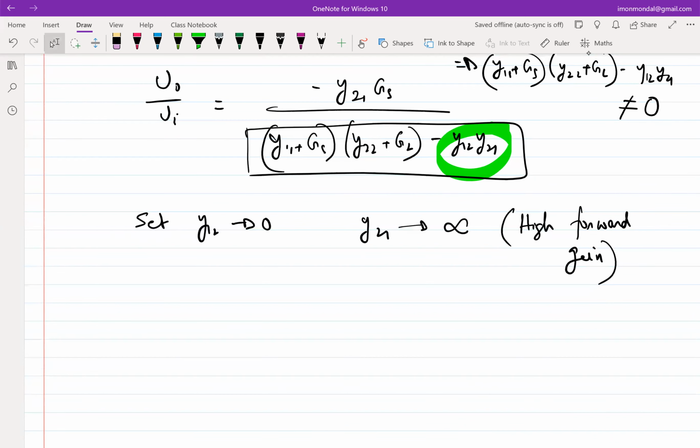Okay. So now, what remains? I have this y11 and y22 to deal with. So what do you want now? Ideally, now the denominator is entirely positive, right? If I keep y21 as is, then v0 over vi is minus y21 gs divided by the denominator.